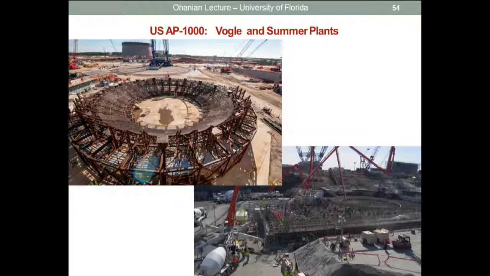We have plants at Vogtle and Summer, which I'm sure many of you can relate to here. They're well under construction. It is going to be critical to see that these plants are finished on budget and on time. That has to happen for the next generation of plants to be ordered in this country. And so we're all watching very closely what happens at these plants.